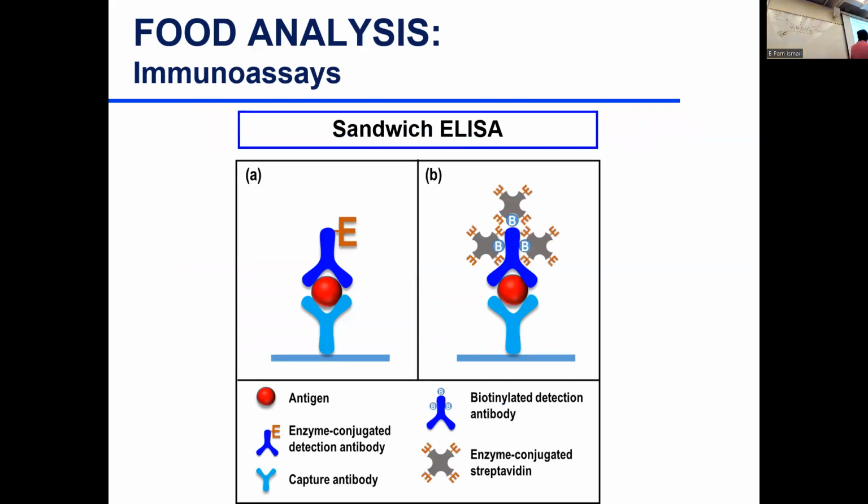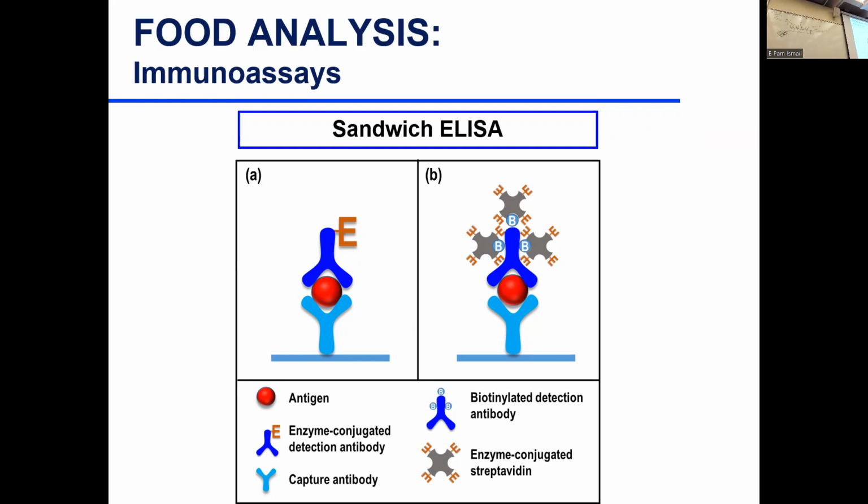Here it is. So here it's showing you that the light blue is your capture antibody. Then this one is your enzyme linked or enzyme conjugated detection antibody. This is the end. There are assays you might come across. We call them biotinylated.